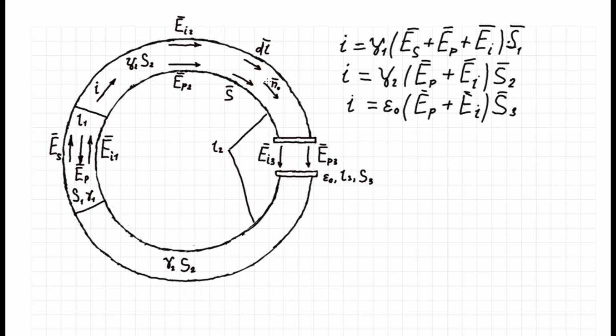This is a unit vector, because it is a normal perpendicular to the cross section, and we can write S vector equals the cross section vector times simple S, not a vector.